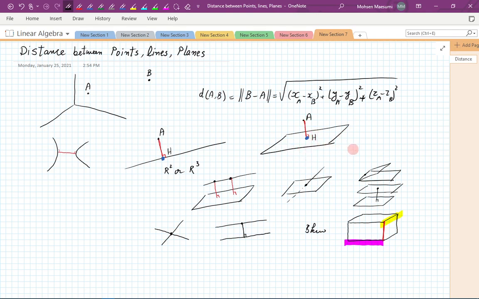Of course, a simple example of that is what you do making plumb lines to a floor. So if you have a floor, which in this case of course is going to be horizontal, and you have a point here, if you take a heavy object and attach it to a line and let it drop here, you call that of course the plumb line, and the point that it hits the floor would be the H for you.